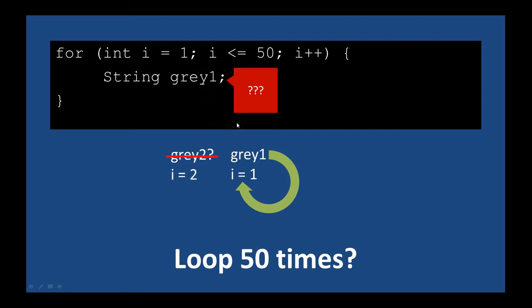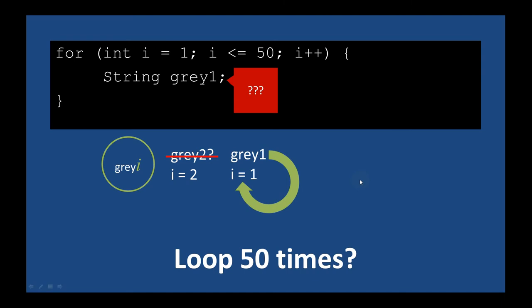So in this case, if we want to have 50 strings, we have to do it manually, the same thing that we want to avoid. What we kind of want is to have this being gray i, with the i being the index here. So basically, when you loop through the array, this i increases, so you can declare several variables.